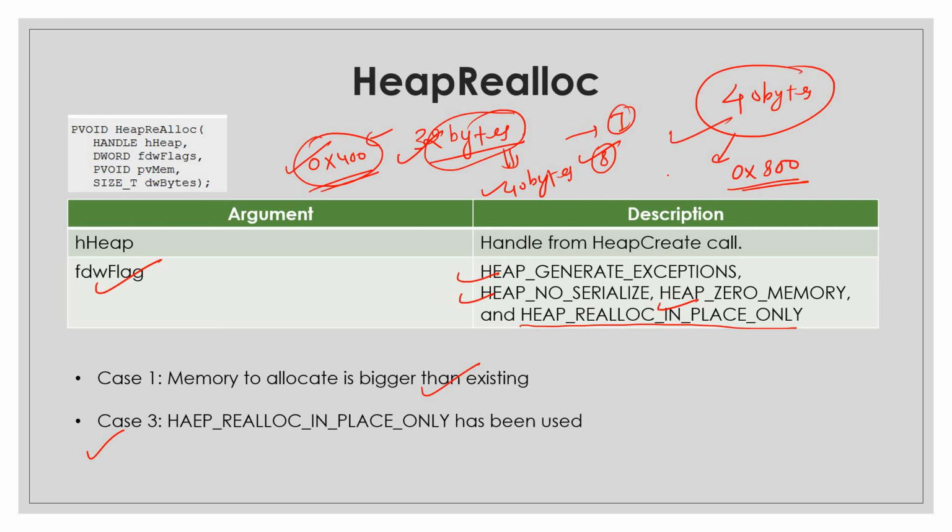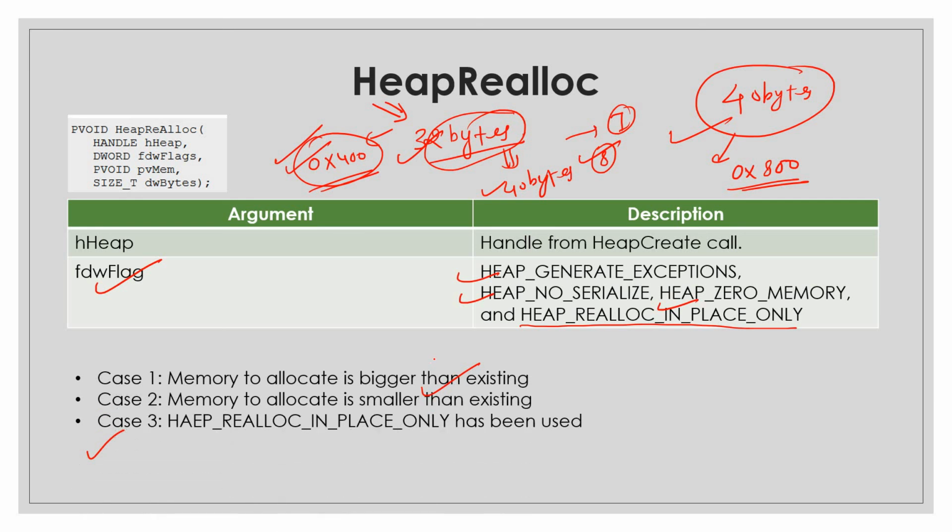So these are the two cases and you don't know which case will execute. So you need to always capture the new memory address and should not assume that it will return the existing address. It can return a new address as well. So every time after HeapReAlloc, you should capture the new memory address.